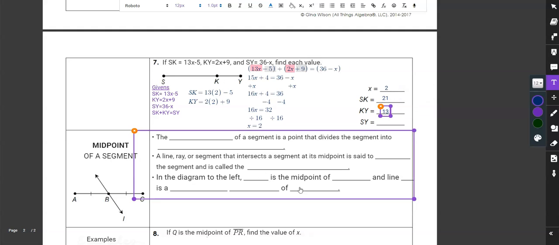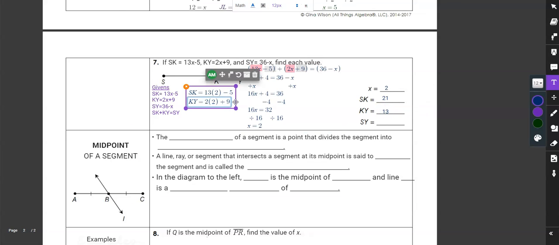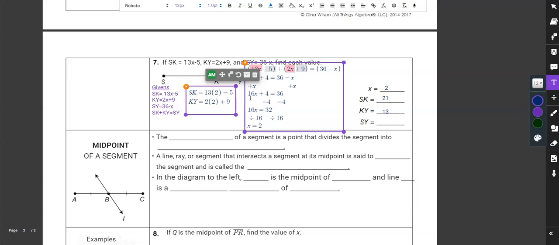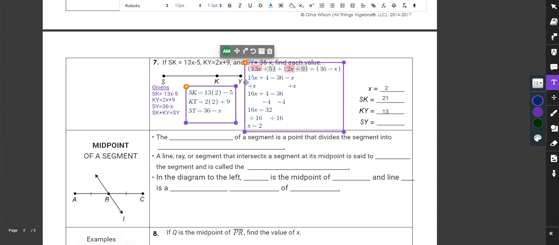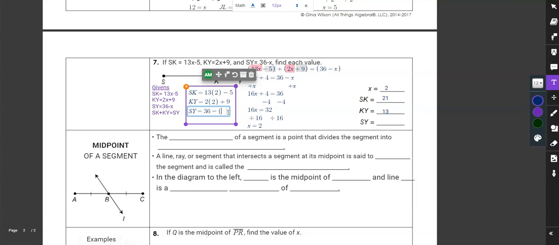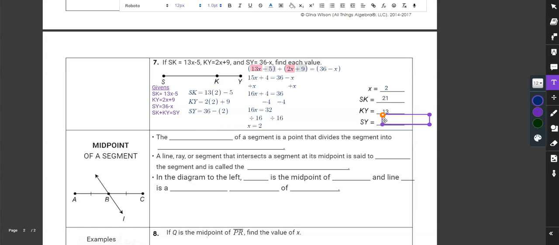And then finally, SY is going to be 36 minus x. Well, 36 minus x is going to be, sorry, I meant to put 2. It's going to be 34. I'm going to put 34.